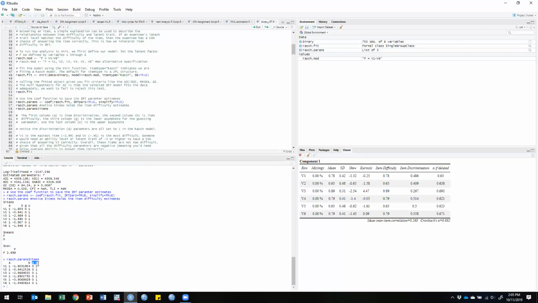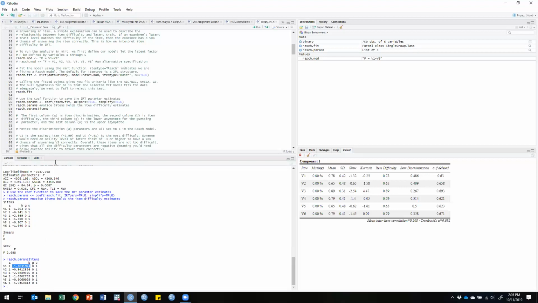In the Rasch model, we assume that guessing doesn't have a big impact on whether someone would answer the item correctly. So the lower and upper asymptotes are at 0 and 1 here, so we can ignore those columns for the Rasch model. Notice the discriminations are all set to 1 in the Rasch model.